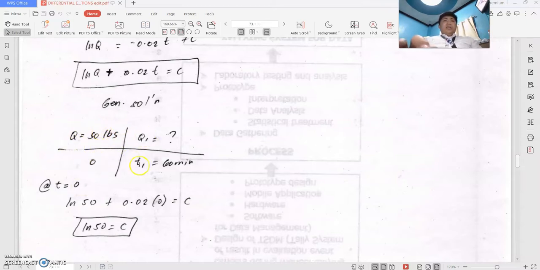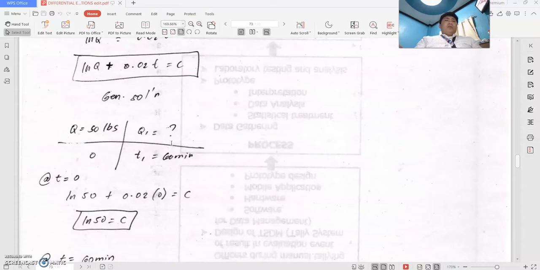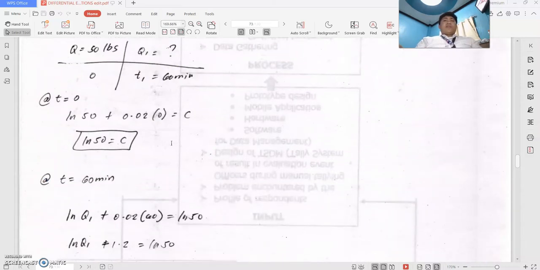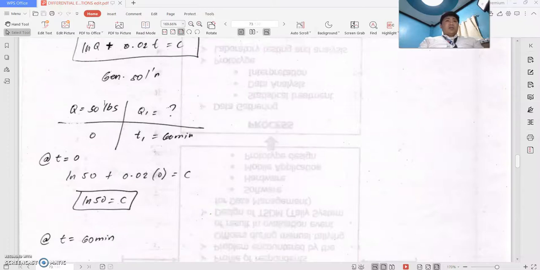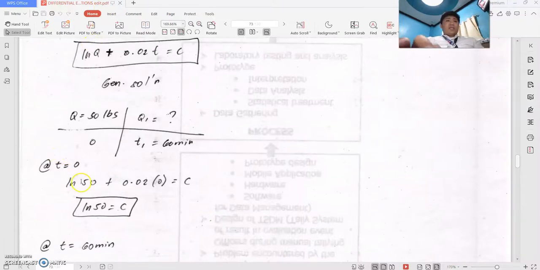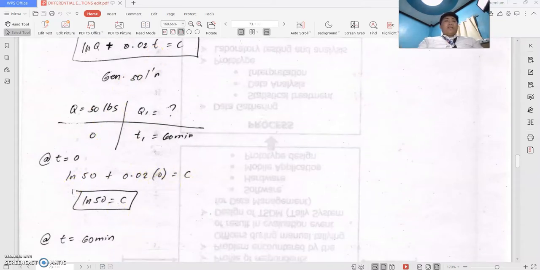And after 60 minutes, we are asking if the salt decreases, increases, or stays the same. So we are looking for the salt after 60 minutes. So at time t, we have the general solution of ln Q, which is ln 50 plus 0.02 times initial time 0, so we have our C as ln 50.